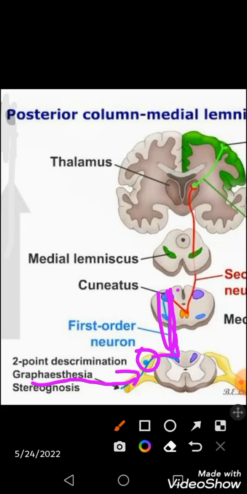Of course, the internal arcuate fibers move anteriorly and medially and cross, forming the great sensory decussation, and then ascend by forming the second order neuron, the medial lemniscus, and run upwards passing through the thalamus and finally reaching the sensory cortex. This whole system is called the posterior column medial lemniscus, right?